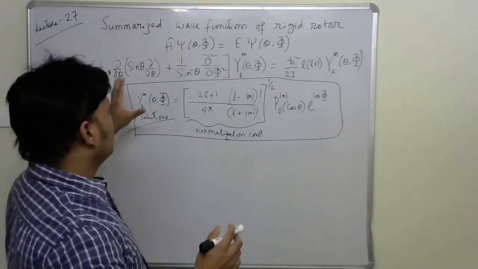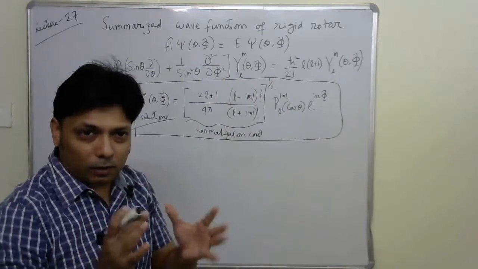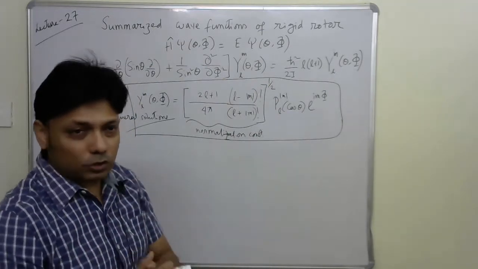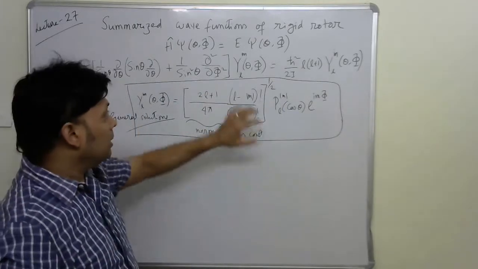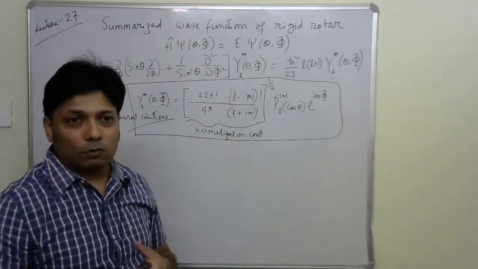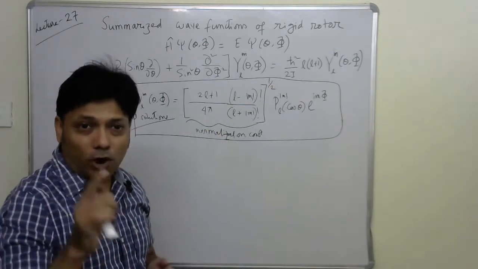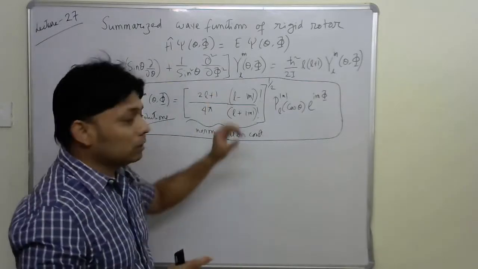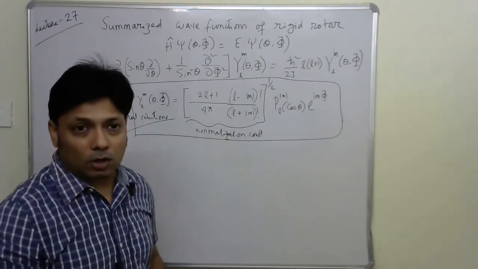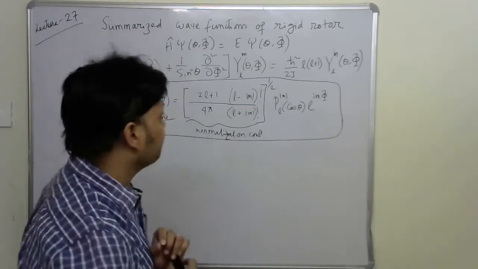So the theta phi part for a diatomic rigid rotor would be exactly identical with that of the hydrogen atom. So for the hydrogen atom, the Y_lm theta phi part would be exactly the same as what we are learning here. Okay, so for the hydrogen atom, we only need to find out the wave function depending on the radius, because that r vector is variable for the hydrogen atom.